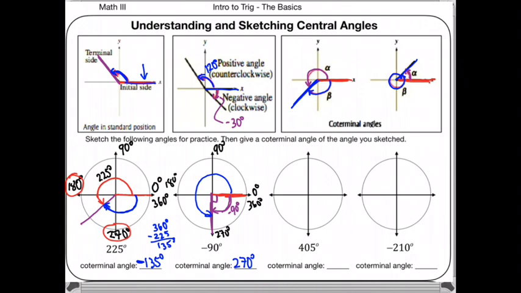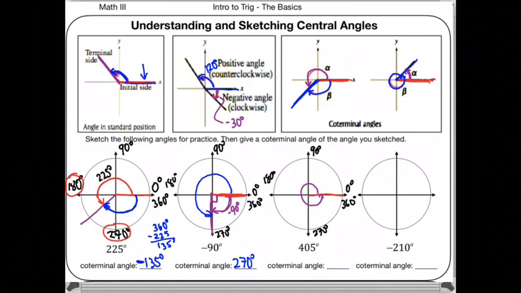Okay, for 405, it's going to go around the circle more than once, because we have 360 degrees in a circle. This angle has started here, and now it has gone 360 in the positive direction, because it's positive, and then some.